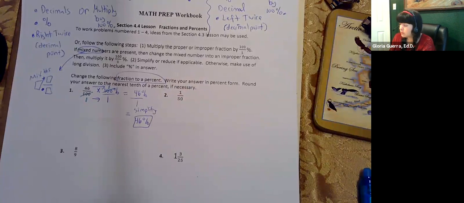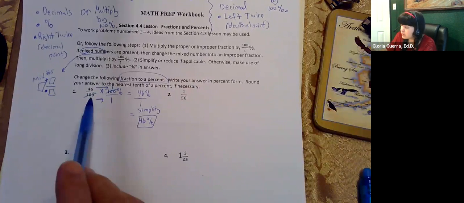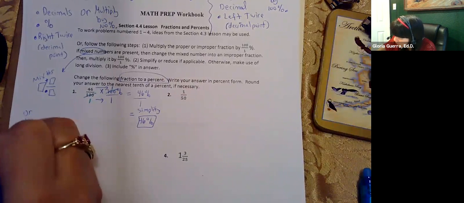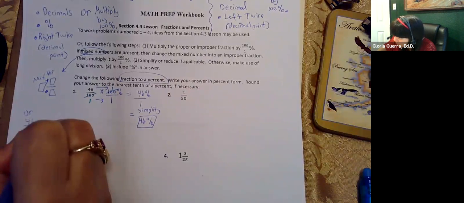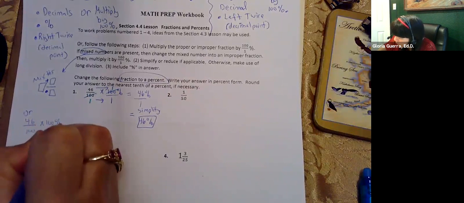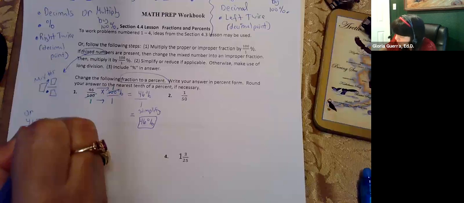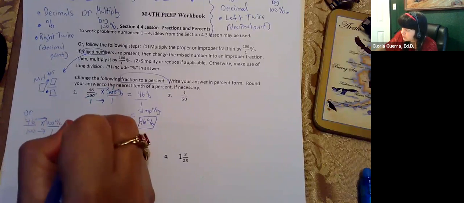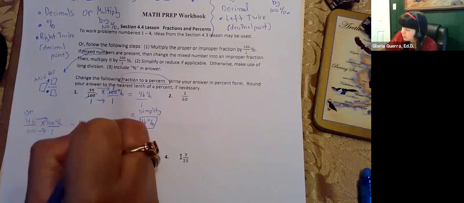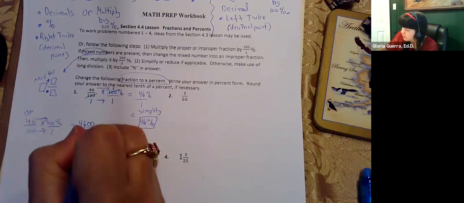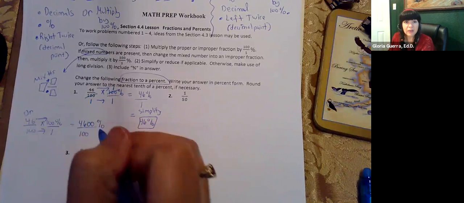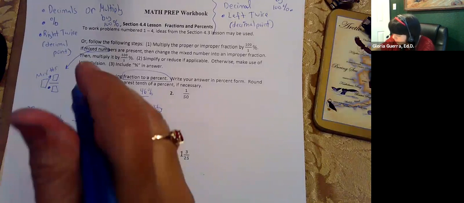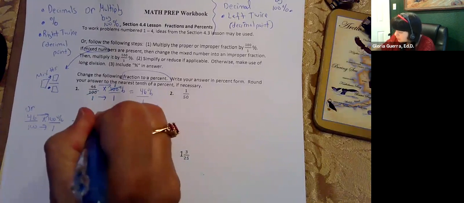Okay. Now, if you don't like this cross canceling, then I can show it without the cross canceling, where I just multiply straight across. 46 times 100, that's a 4, 6, and then 2 end zeros. 100 times 1 is 100, and this is a percentage. And then you can reduce, see, for every end zero on the bottom, you can cross out an end zero.